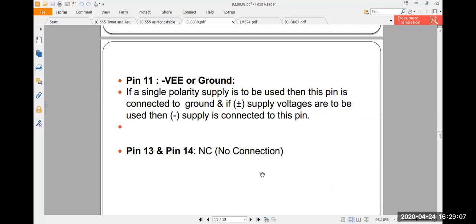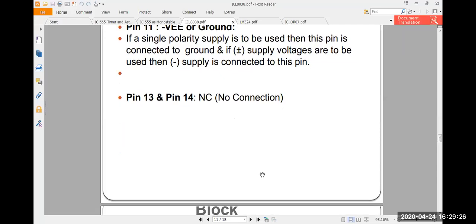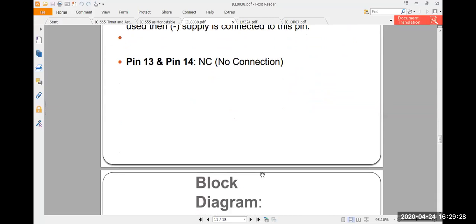If in some applications you only want a positive supply, then this particular pin can be grounded. So for a single polarity supply, we can always connect pin number 11 to ground, and pin number 13 and 14 are no connection. So this is as far as the pin diagram of IC 8038 is concerned.